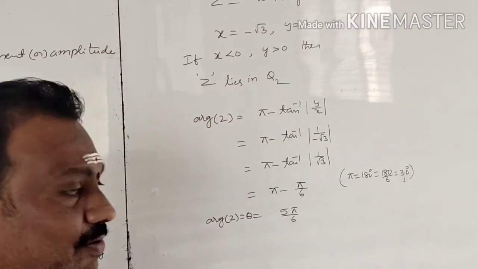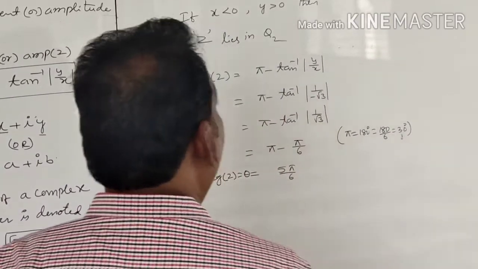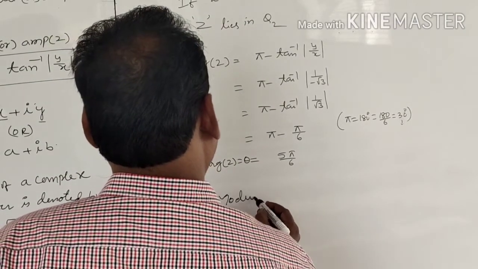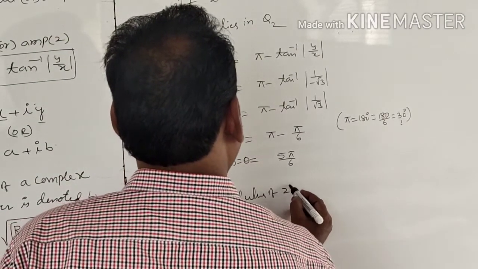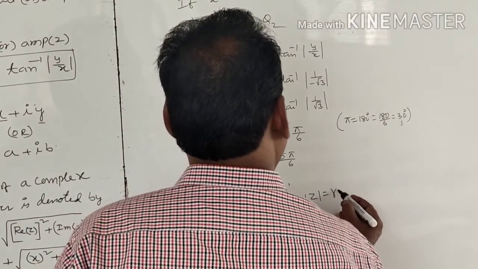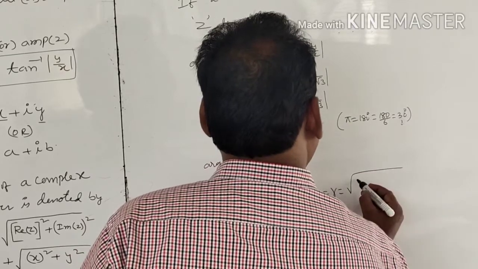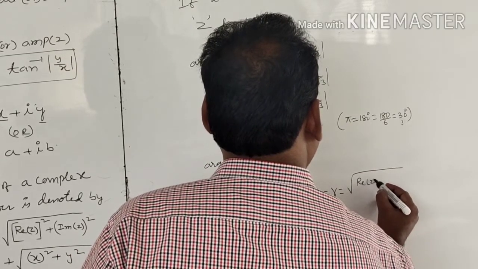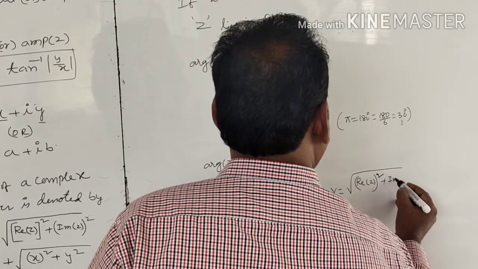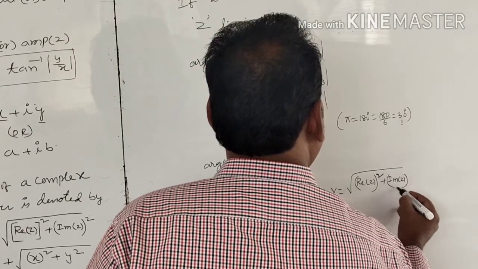Clear, students? Now we have to calculate its modulus. So modulus of z is denoted as mod z or r. What is its formula? Real part of z the whole square plus imaginary part of z the whole square.